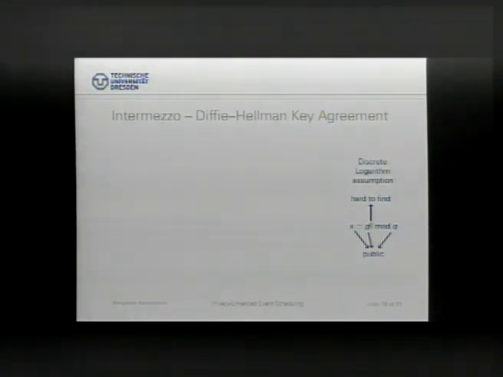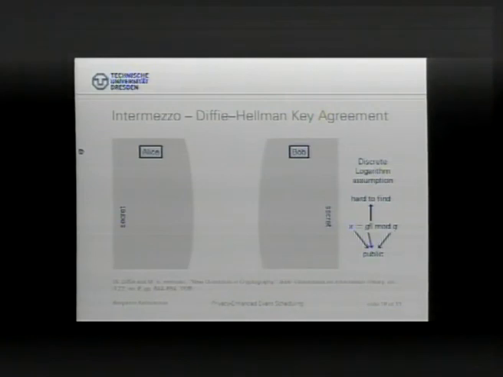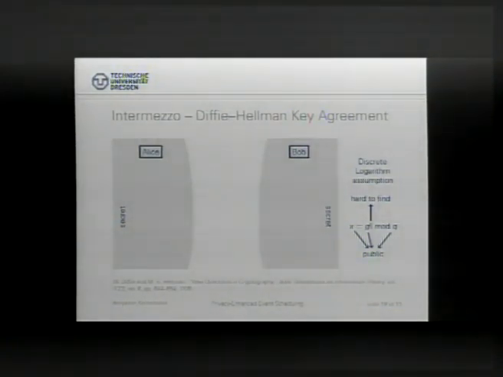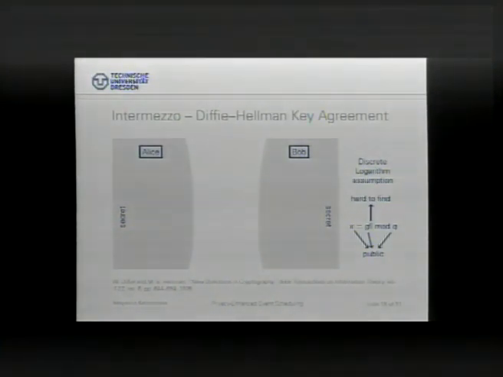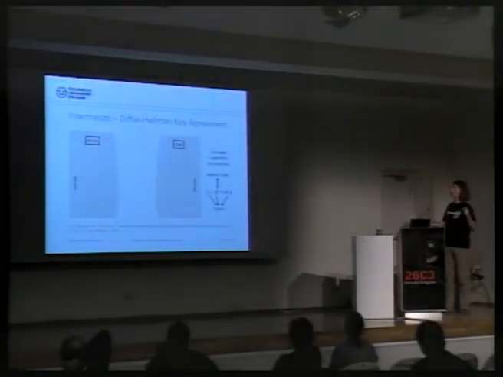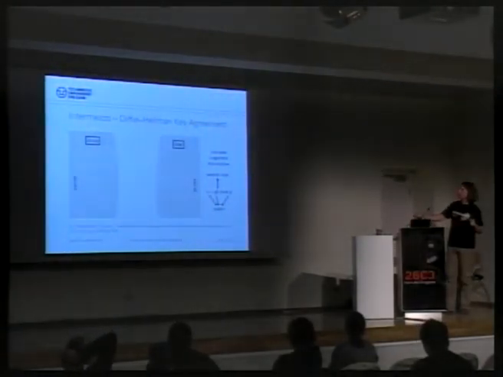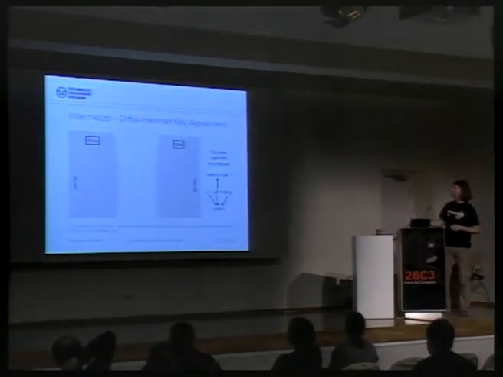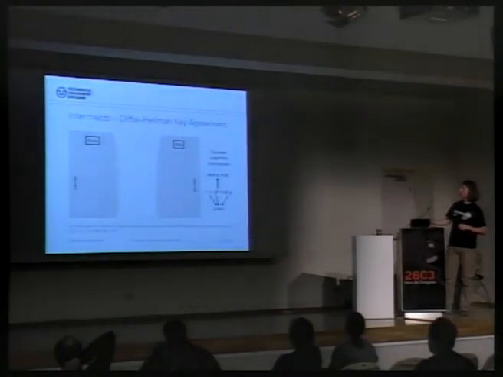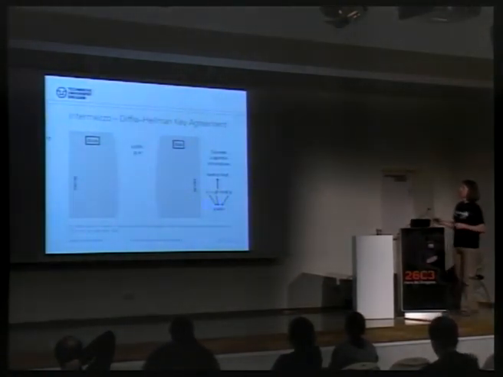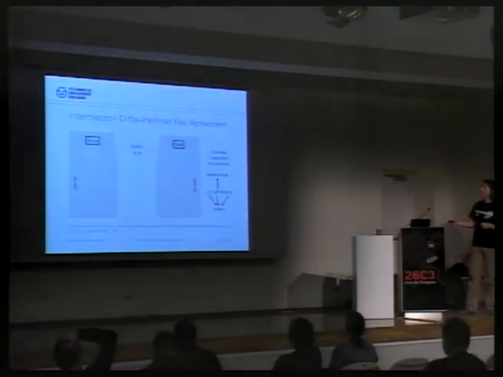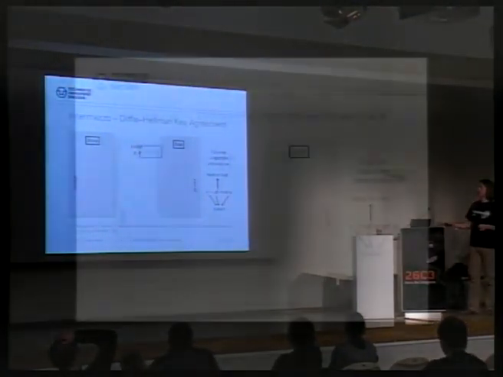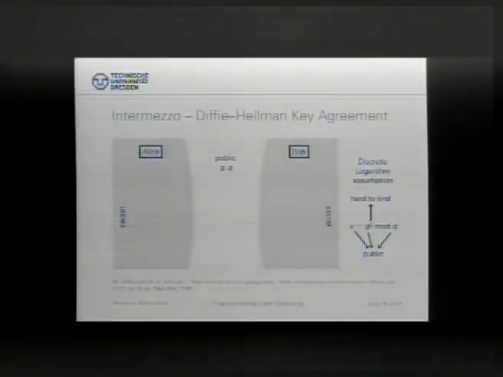Based on this assumption, the Diffie-Hellman key agreement works as follows. We have Alice and Bob, and they want to exchange a symmetric key over some untrusted thing named the internet. They each have their trusted areas, which are marked gray here. The first thing everybody does is exchange some public values: they agree on some generator g and some q.